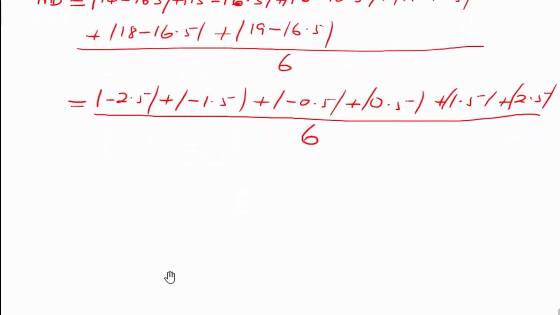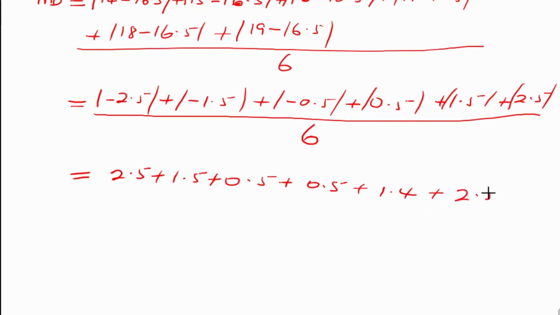And solving further, absolute value means the value remains positive always, no matter the sign. So this is going to give us 2.5 plus 1.5 plus 0.5 plus 0.5 again, plus 1.5 plus 2.5, all of this divided by 6.